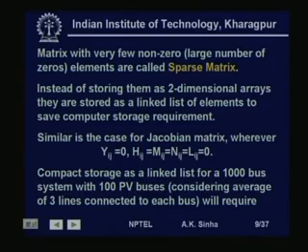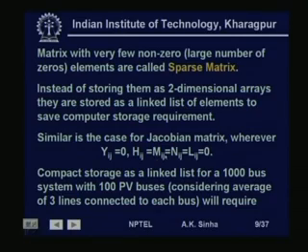Similar is the case for the Jacobian matrix, because if we recall the elements of the Jacobian matrix, they contain y i j element, and if y i j is 0 for any i and j, then the H i j, M i j, N i j and L i j submatrix elements will also be 0 for these matrices.